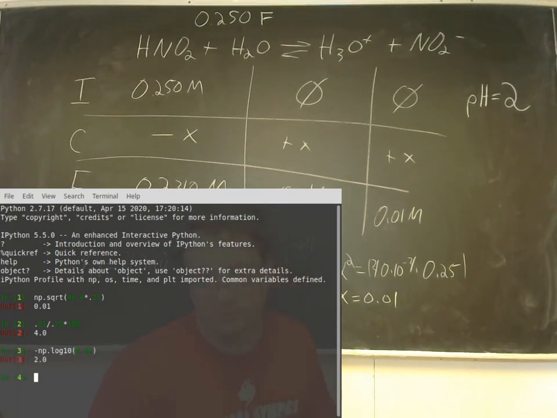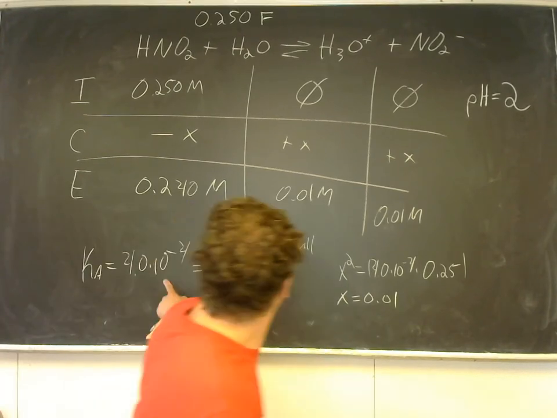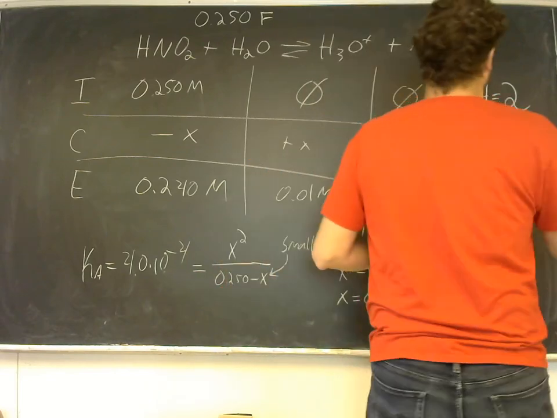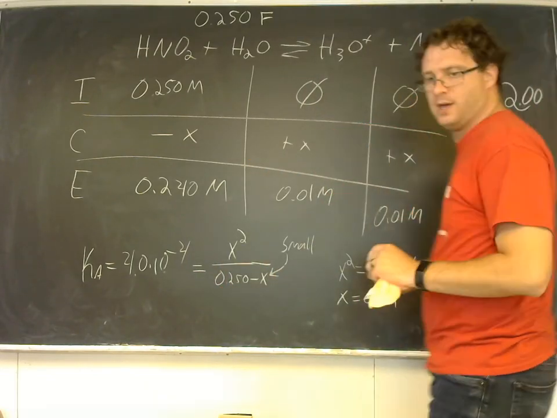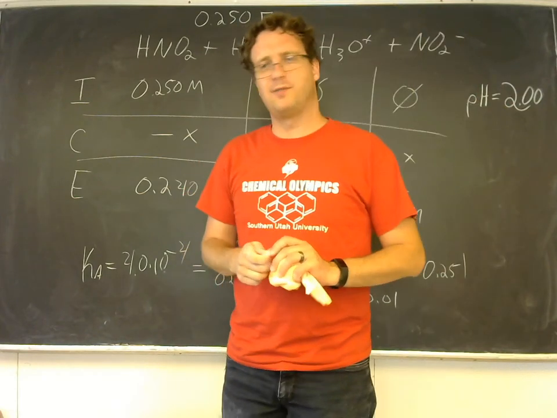And we get 2.0. And actually, it looks like we have 3 significant figures from the concentration, but only 2 significant figures from our Ka value. So we get 2.00 to give us the proper number of significant figures.